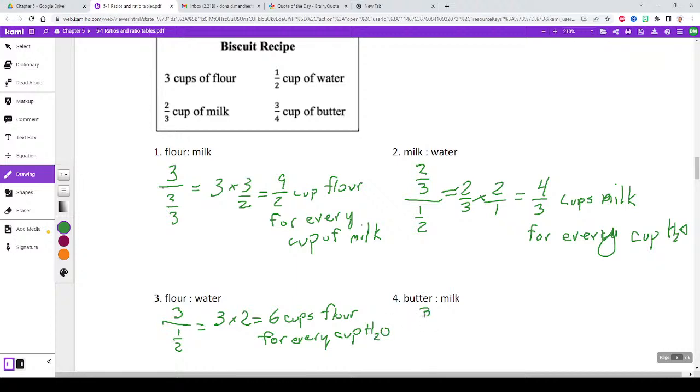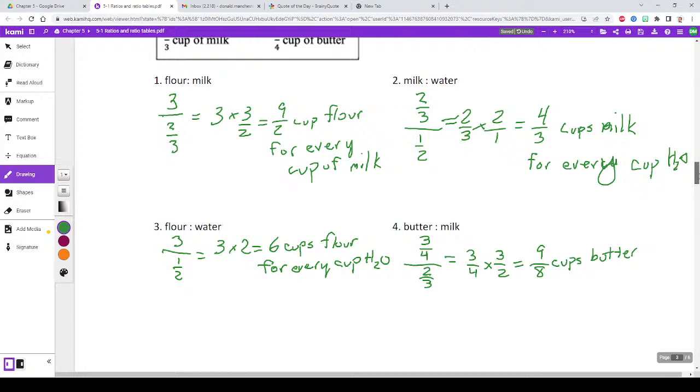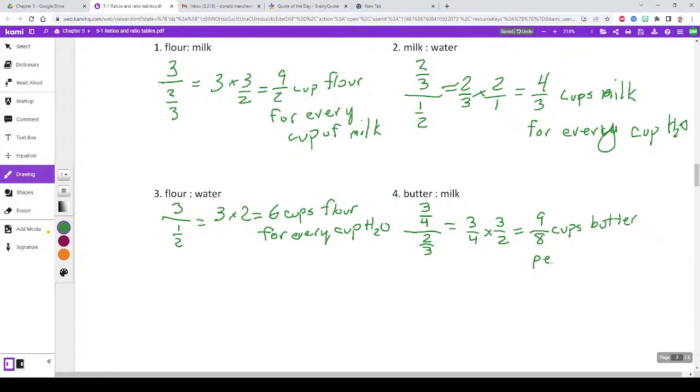And then butter is 3/4 cup. Milk is 2/3 cup. So we're going to go 3/4 times 3/2, which is 9/8. So we have 9/8 cups butter per cup milk.